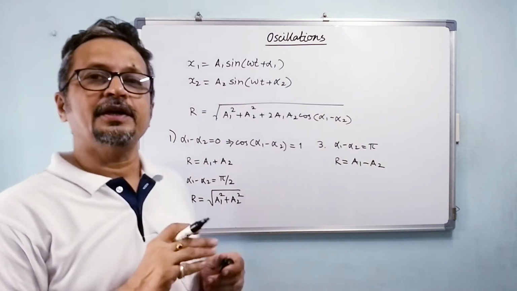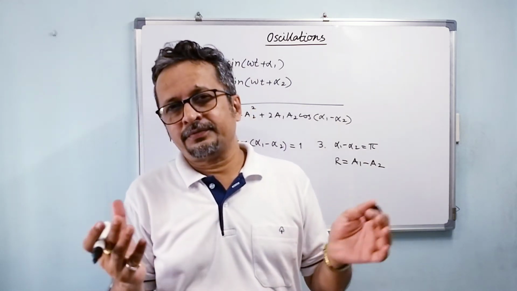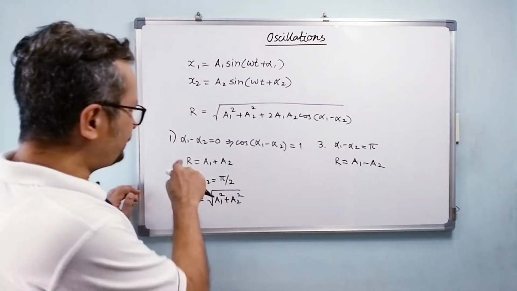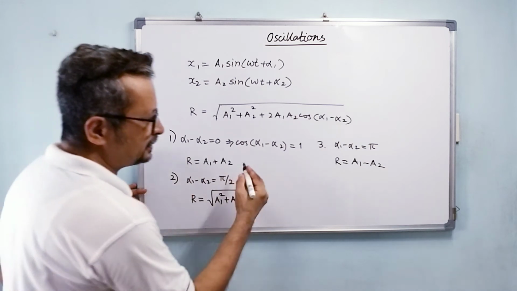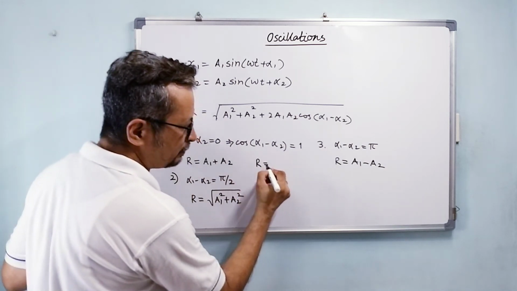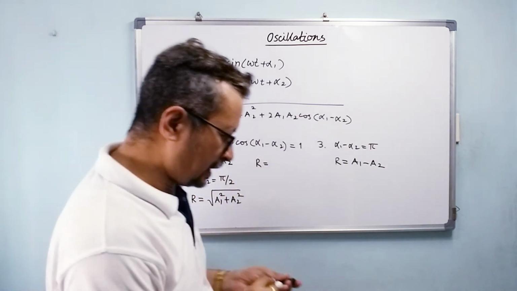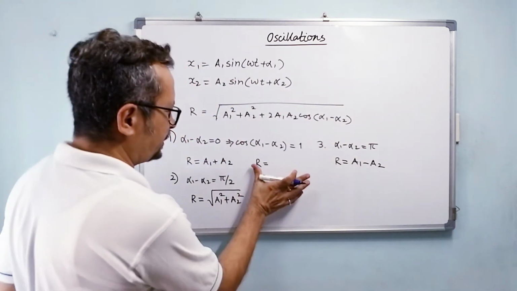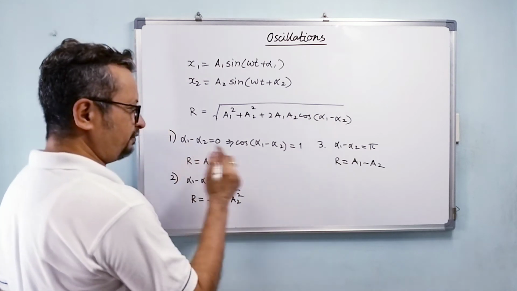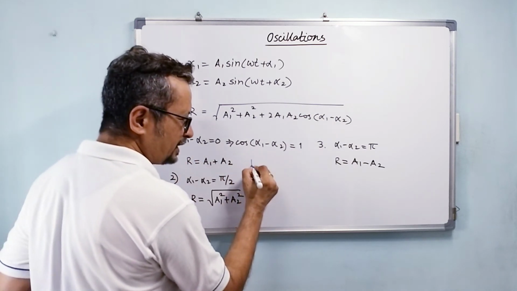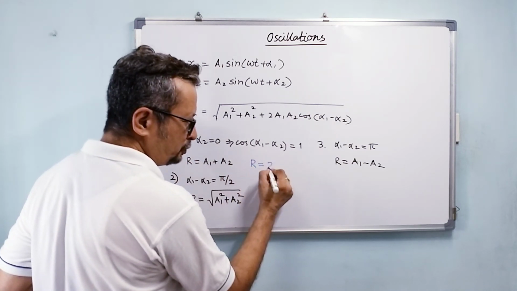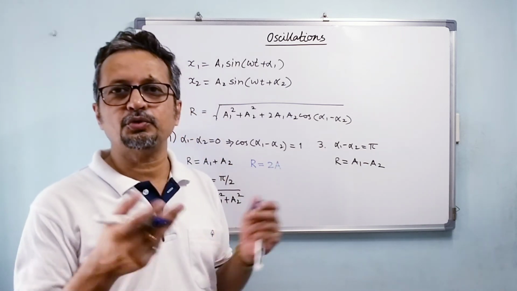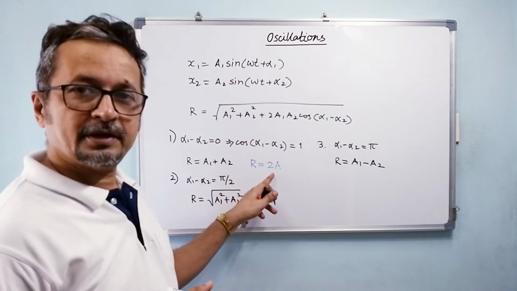But now think of the case of equal amplitudes. If the amplitudes are equal, a1 is equal to a2 is equal to a, then in the first case my r will be equal to 2a.